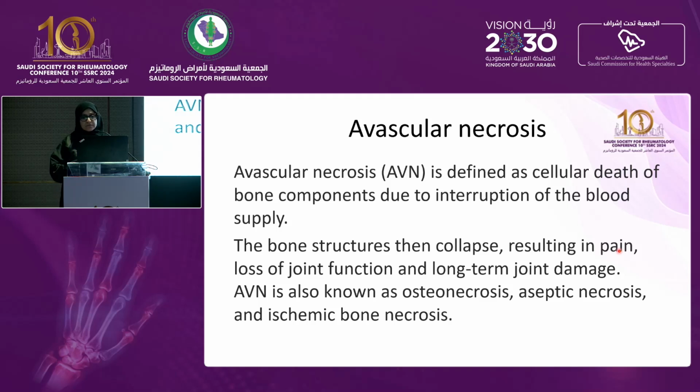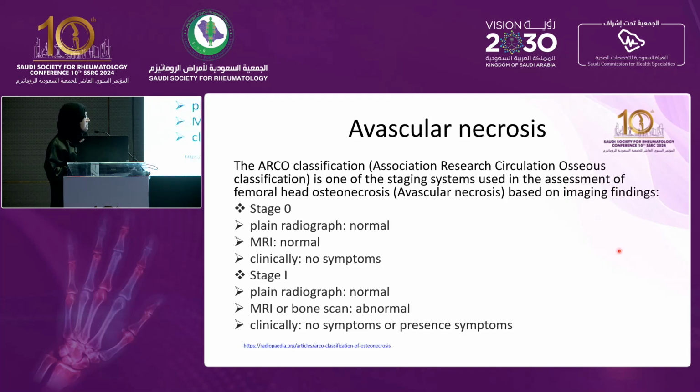Avascular necrosis is also known as osteonecrosis, aseptic necrosis, and ischemic bone necrosis. There is a classification for avascular necrosis, the Association Research Circulation Osseous classification, into 5 stages.